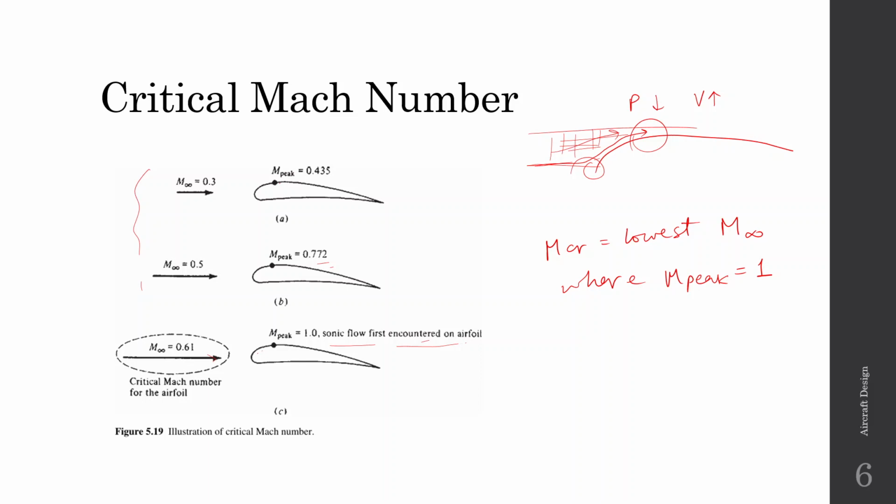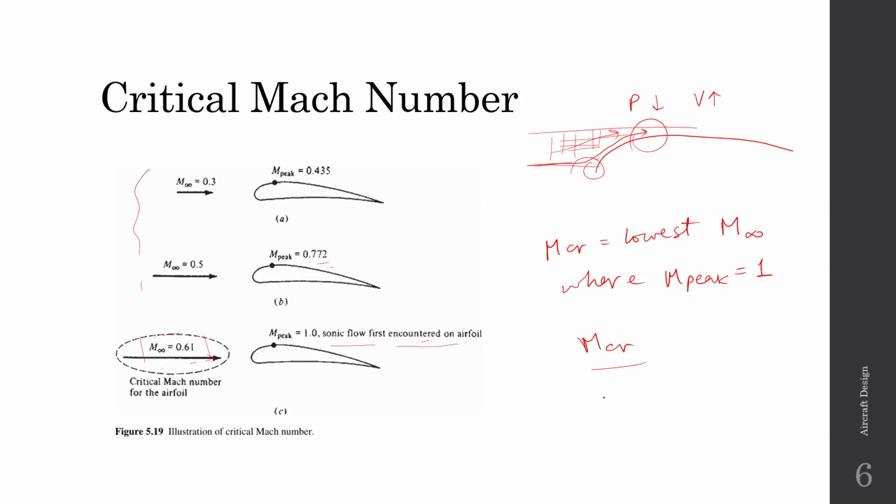In a sense, this MCR is the upper limit of where we can fly. If we do not want any supersonic effects, then MCR becomes the highest possible speed the aircraft can fly.